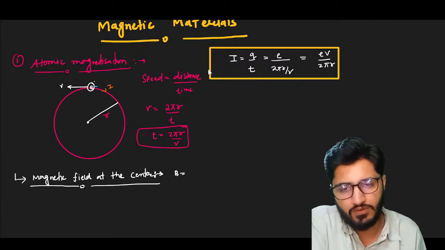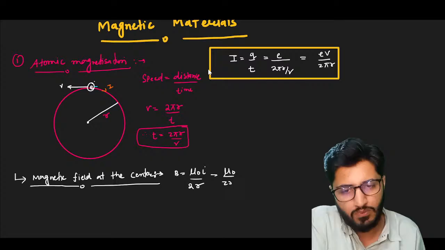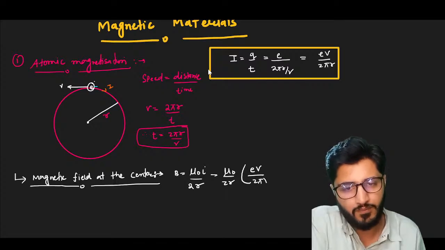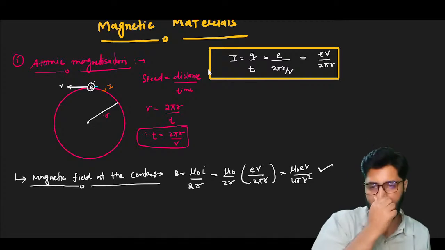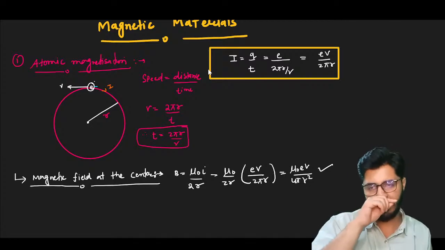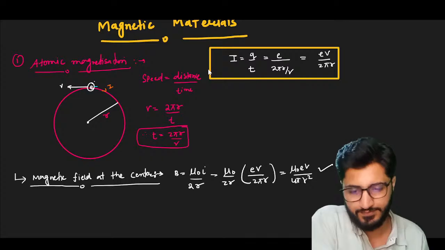That is B equals mu naught I divided by 2R. What is I? I is eV divided by 2 pi R. So I can write this as mu naught eV whole divided by 2 times 2 pi R, that is 4 pi R square. This would be my magnetic field at the center of this Bohr orbit.